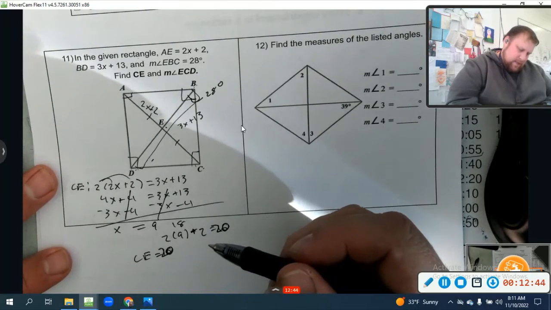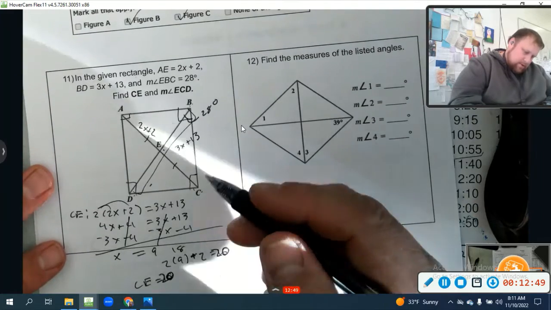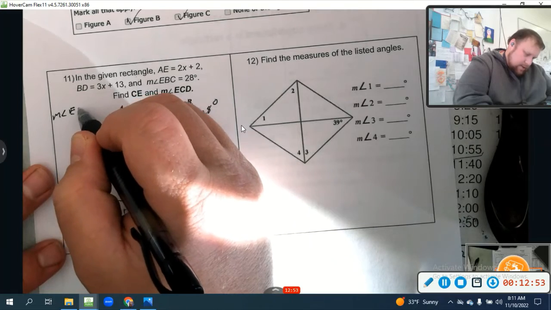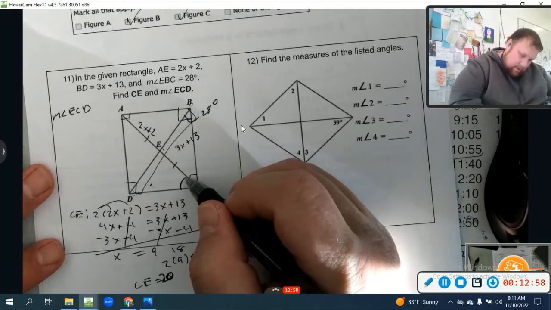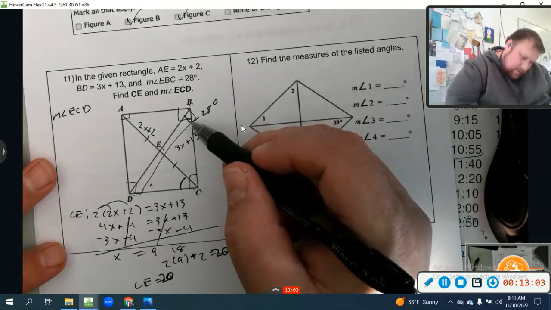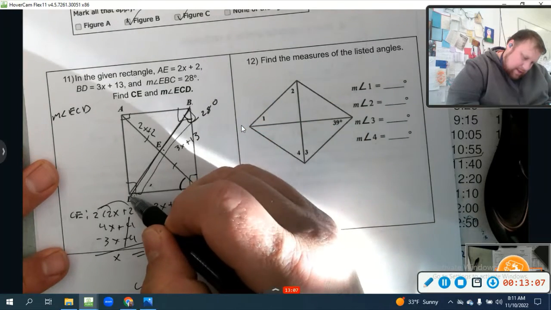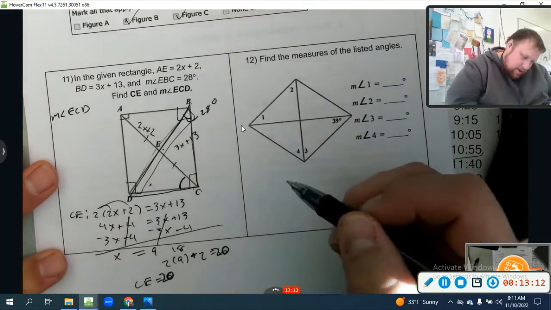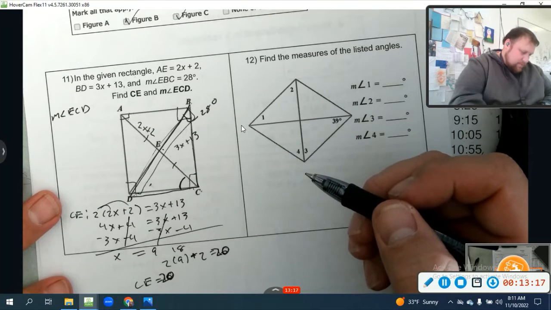Okay, now let's take a look at the measure of angle ECD, which is ECD right here. Okay, a couple of things. If this is 28 degrees right here, I want to look at this triangle right here.